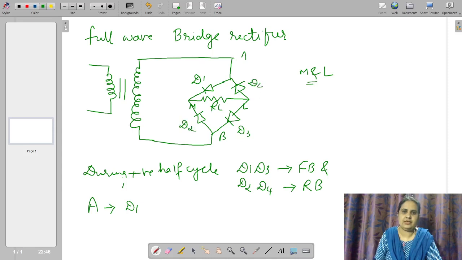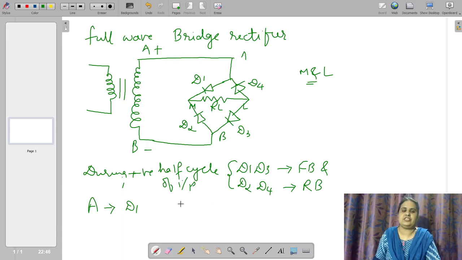During the positive half cycle of the input supply, we have A and B. A is positive with respect to B. When A is positive and B is negative, diodes D1, D3 were forward biased and D2, D4 were reverse biased.